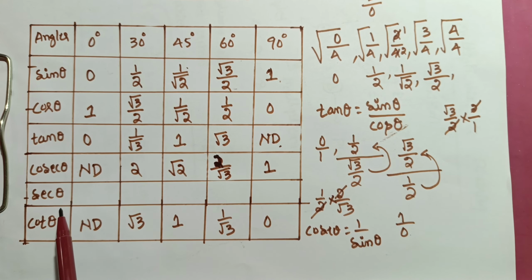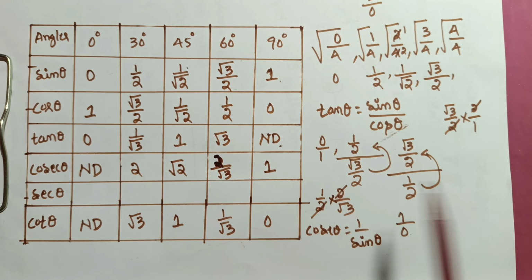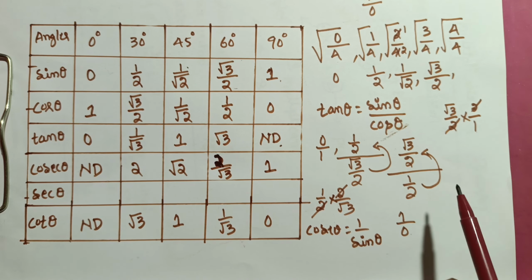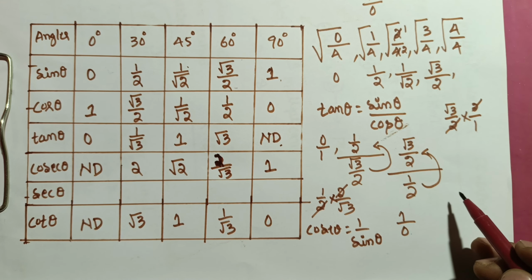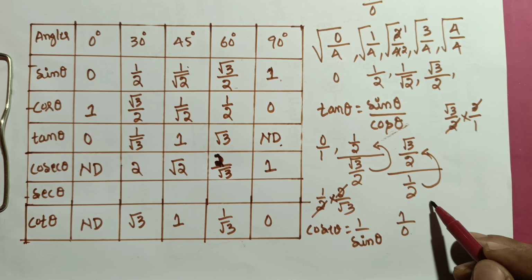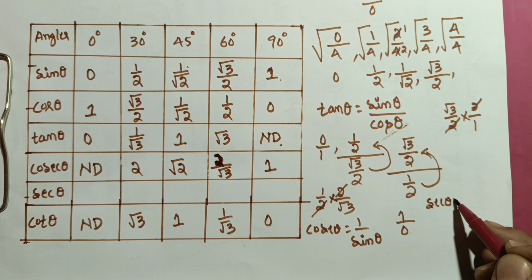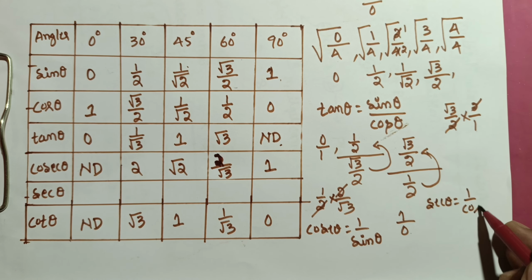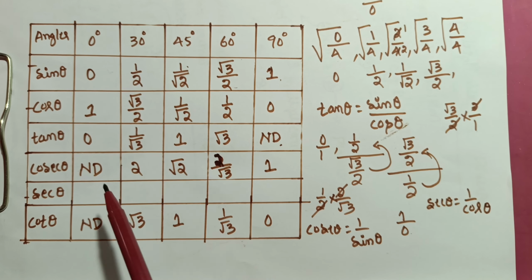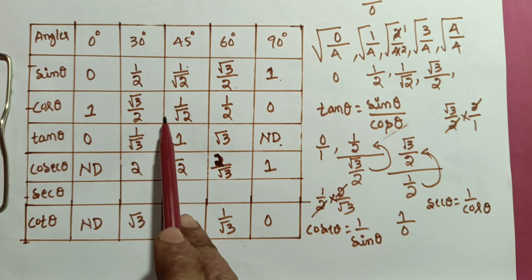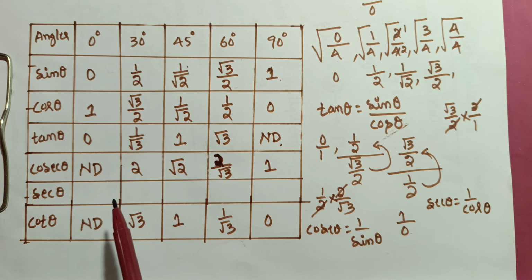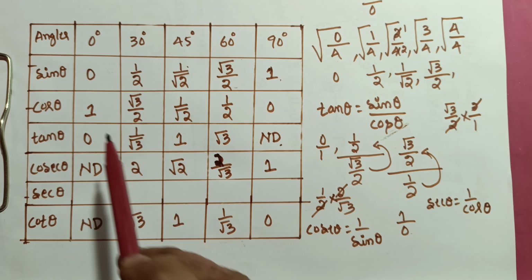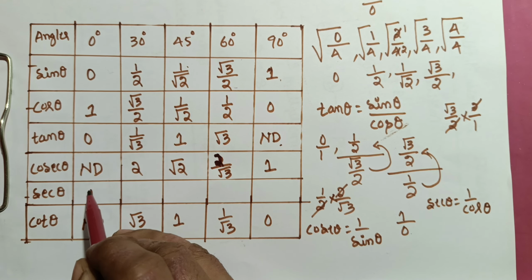Okay, now we are left with secant theta. To fill this secant theta, we have the definition: secant theta is equal to 1 by cos theta. Hence for all the cos theta values we need to take the reciprocal. So 1 by 1 is going to be 1.